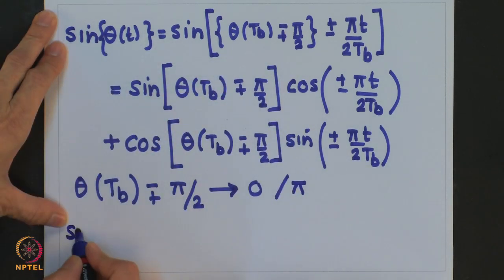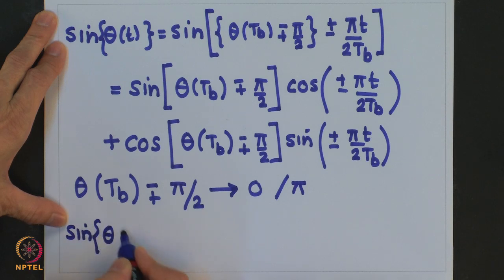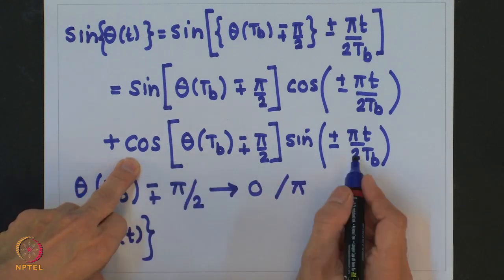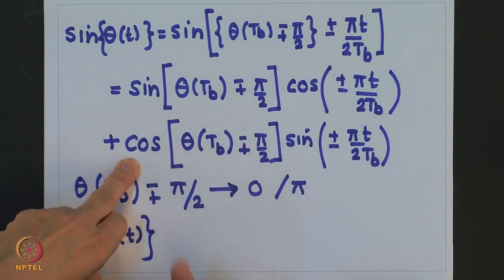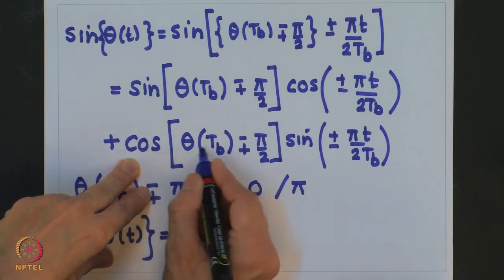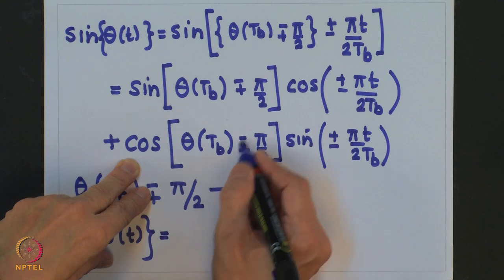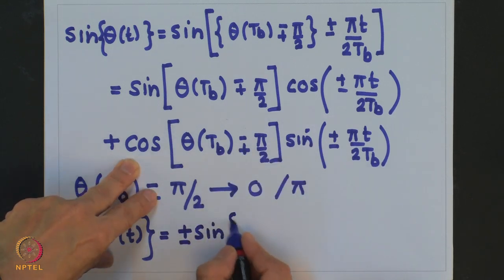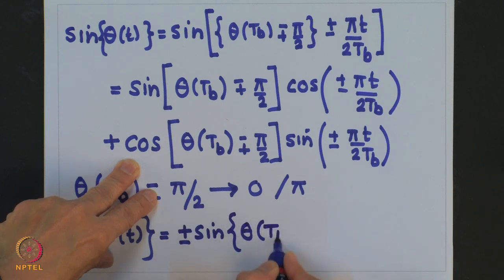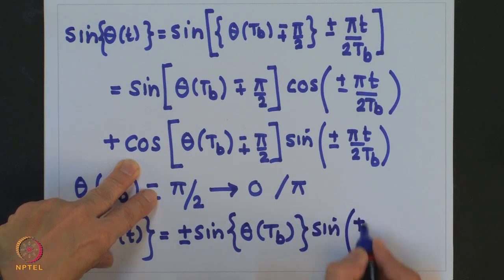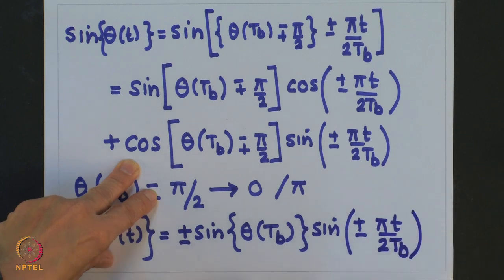So, we will get our sine theta t to be equal to this quantity, and if you expand it now, cos theta Tb cos pi by 2 will go to 0. So, you will get plus minus sine of theta Tb sine of plus minus pi t by 2 Tb.